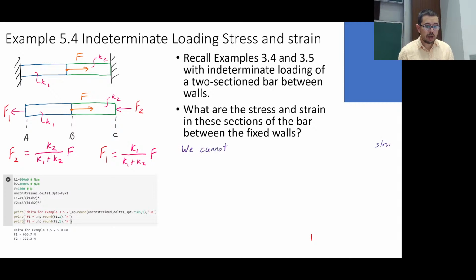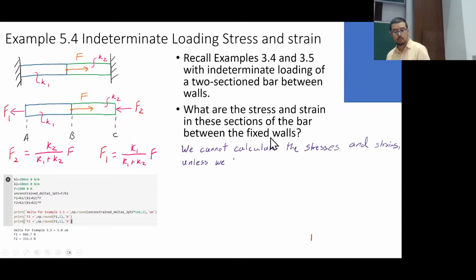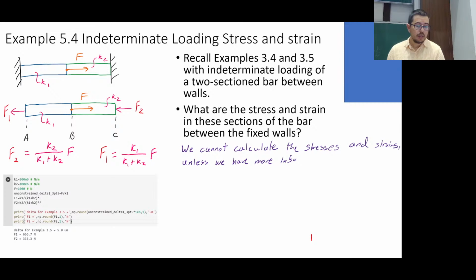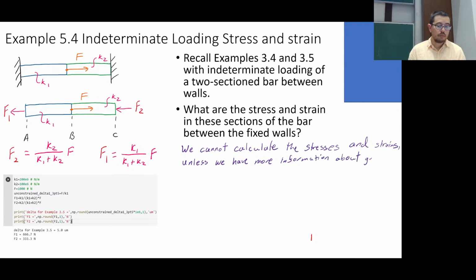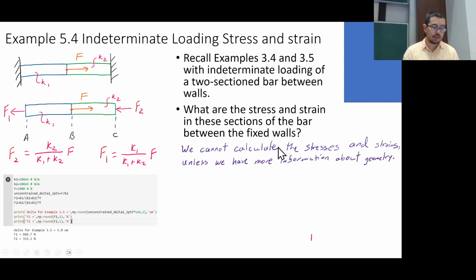What if I want to calculate the stress and strain in these sections? Well, we cannot do that unless I know what the cross sections are, right? I can't calculate that.